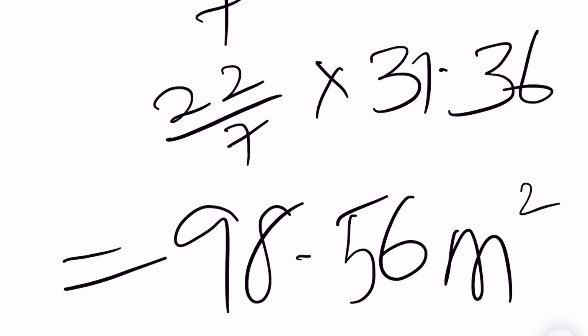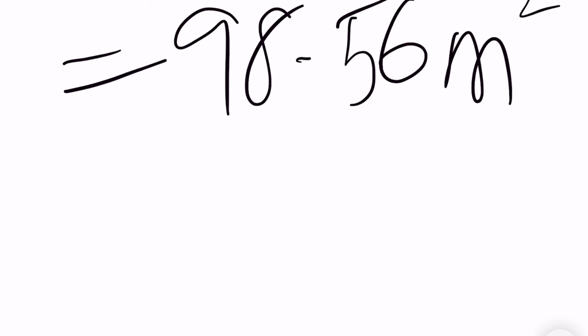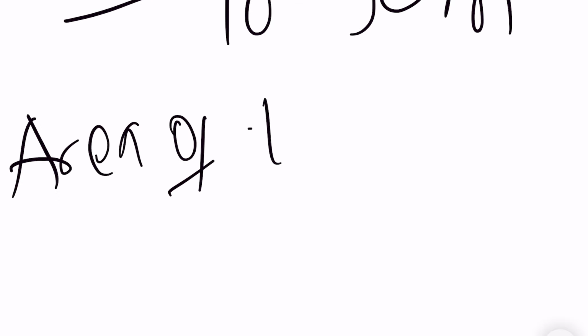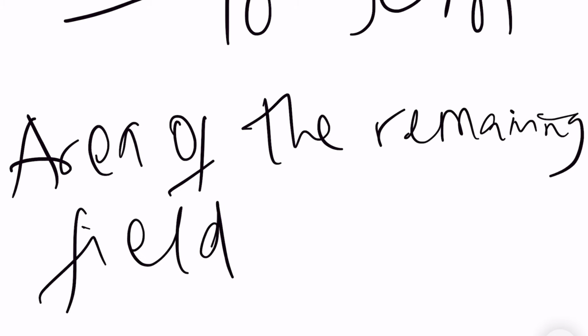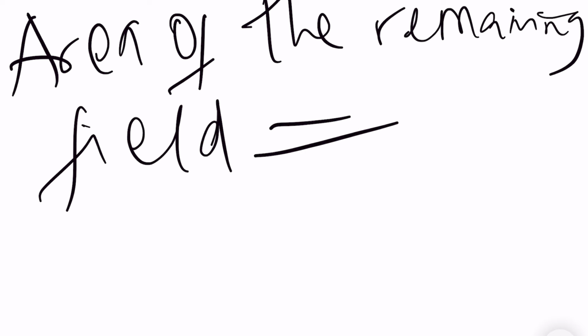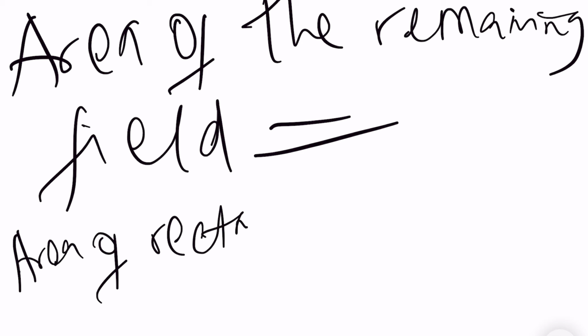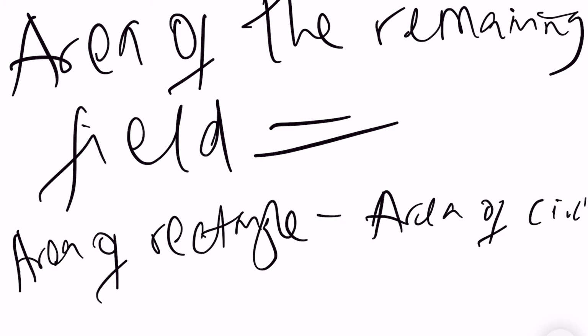Now to find the area of the remaining field, we'll subtract the area of the circle from the area of the rectangle. So we have the area of the remaining field to be area of rectangle minus area of circle.